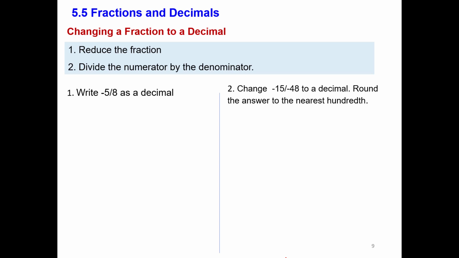Then we want to write minus 5 over 8. Let me write this better. Minus 5 over 8. And let's divide.